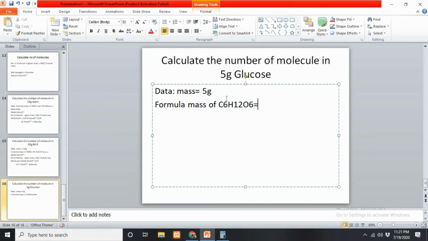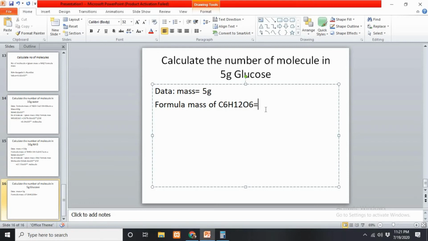By the way, this 6, 12 and 6 will be in subscript. It will not be as big as the size of C, it will be smaller, and at the bottom of C, H and O, it will be a subscript. I don't have a tool right here, so I am just writing like this. You don't have to write like this on your paper, just write the 6 as a subscript.